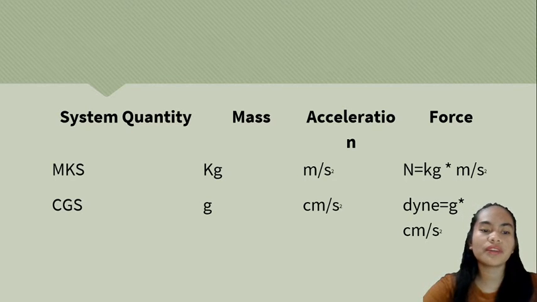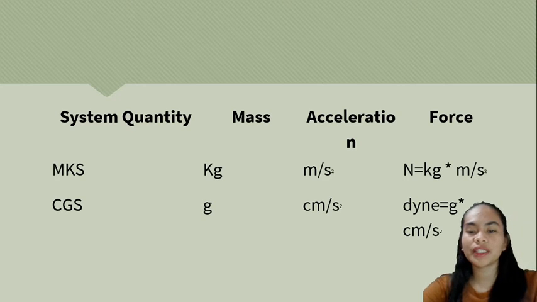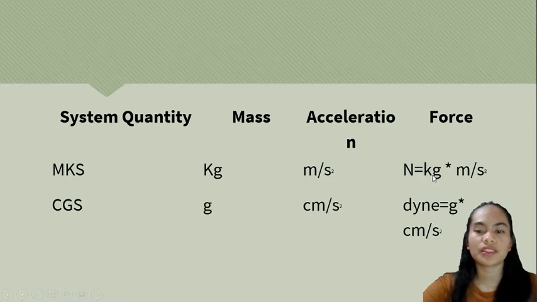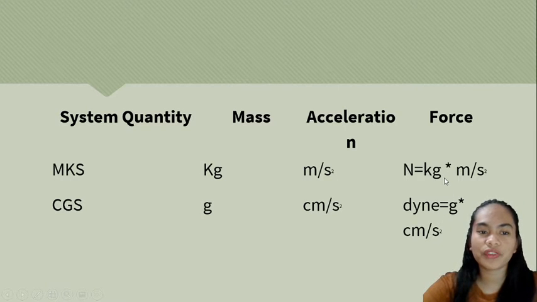We also have the CGS system quantity, wherein your mass will be in grams, acceleration will be in centimeters per second squared, and force will be in dynes, wherein a dyne is grams multiplied by centimeters per second squared. That's for your system quantity.